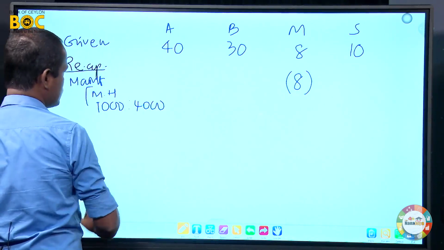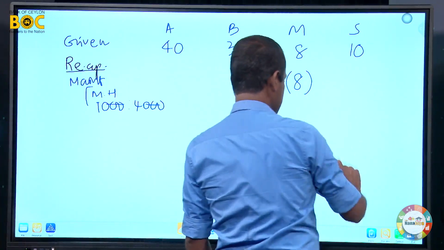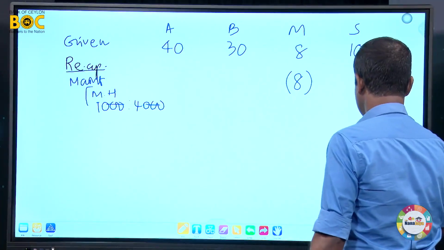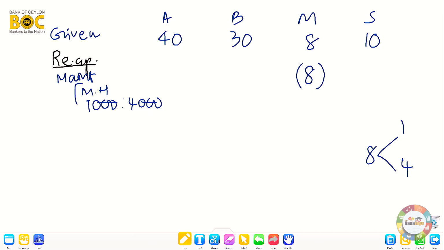You can build up a ratio of 1:4. This 8,000 you divide in the ratio of 1:4. 1 plus 4 is 5.